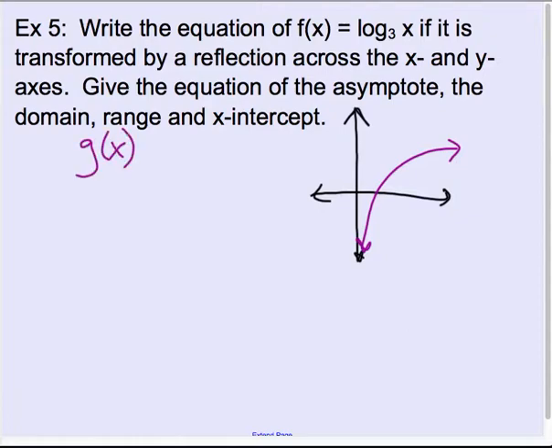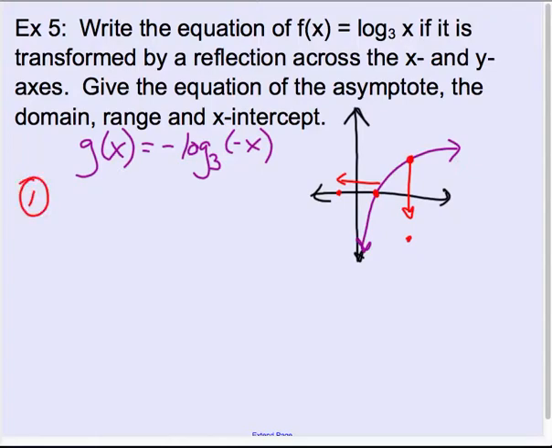So reflecting across the x-axis makes the answer negative, so we multiply the whole thing by a negative. Reflecting across the y makes your x value negative. It's kind of opposite of what you think. So when you're reflecting across the y, your x value goes from a positive to a negative. When you reflect across the x, your y value goes from a positive to a negative, so that's why it's opposite.